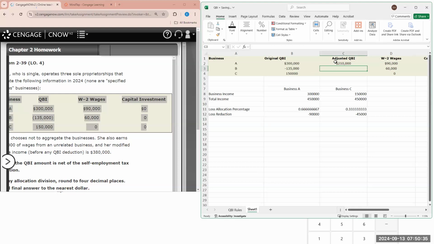So that is why the adjusted QBI, as we see here, is the original QBI minus the loss reduction of 90,000. There's no adjusted QBI because there's a loss. And for business C, it's the 150,000 minus the 45,000 as we calculated. So the adjusted QBI in this example is 105.